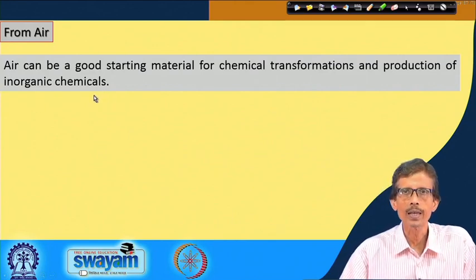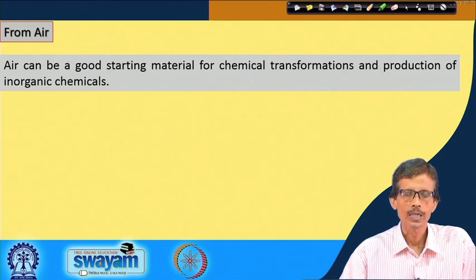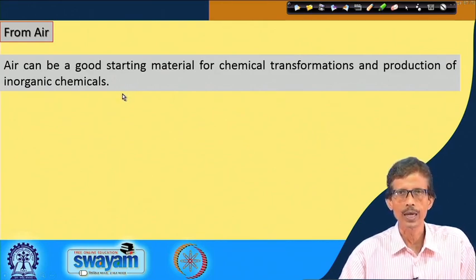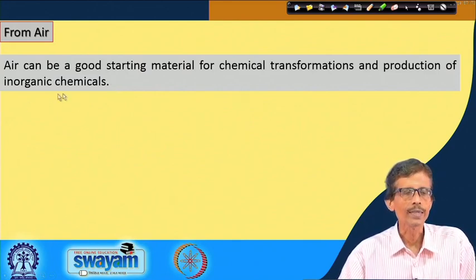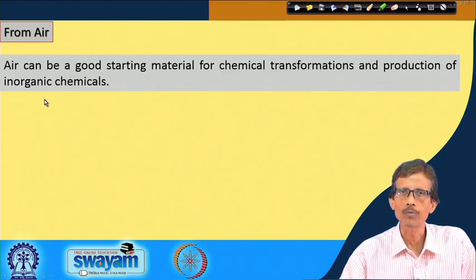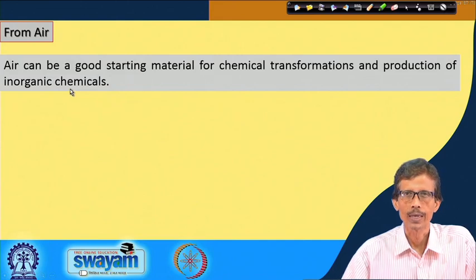Suppose we get dinitrogen, the nitrogen gas, which has typical examples for different reactions. If we convert that nitrogen to nitrogen monoxide or nitrogen dioxide, and ultimately to nitrates and nitric acid, then nitric acid production, like sulfuric acid production, is also a very useful inorganic chemical for industrial purposes, but we basically get it from air.